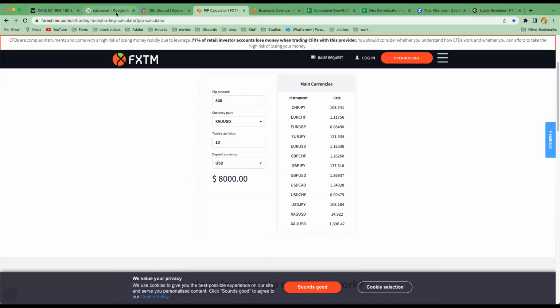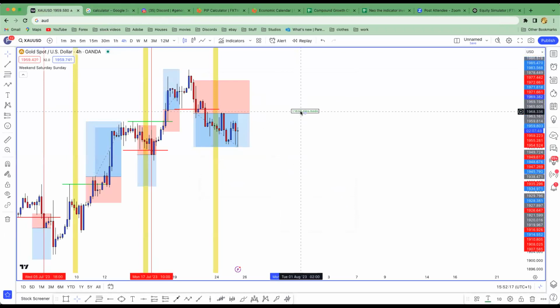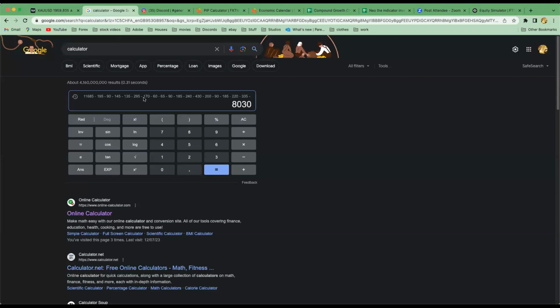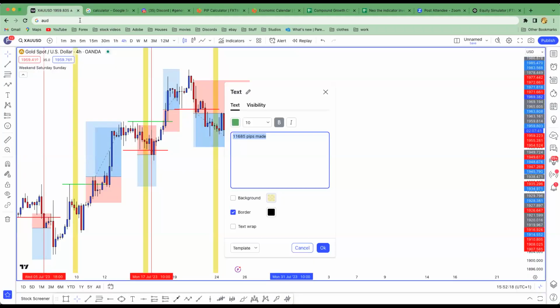So if anybody wants to work out the win rate of this or whatever they want to do, they can do that themselves. Let's go to the calculator. It doesn't show us how much we lost altogether, but I'll just put this take away.